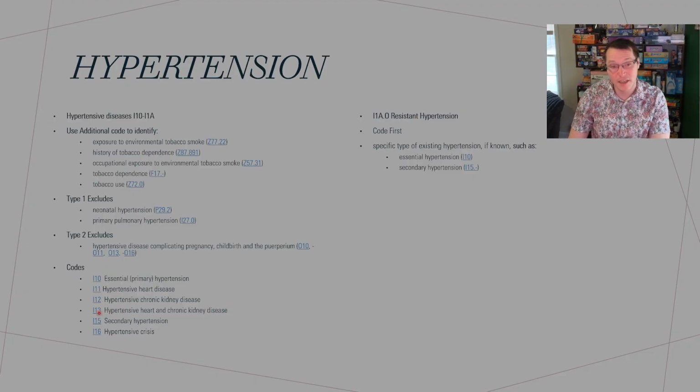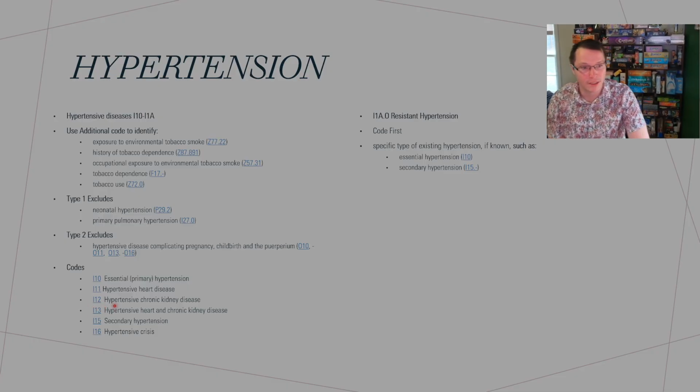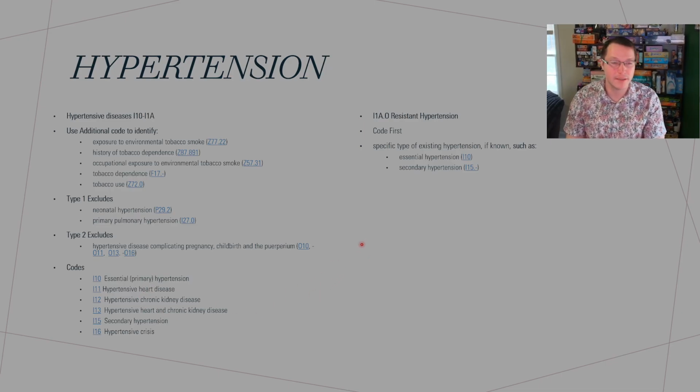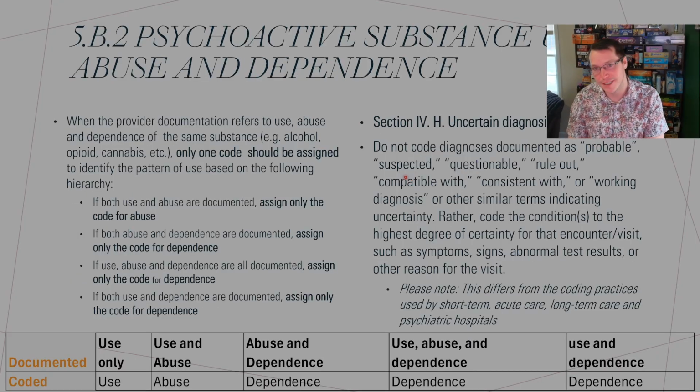So if a patient has both chronic heart failure and chronic kidney disease and hypertension, your coding team will actually have to update your code to I13 every single time, so that way the patient doesn't get denied. If you use the generic I10 essential primary hypertension code with one of these linked conditions, insurance does have the right to deny us every time. And what do we say when insurance has the right? They will do it.